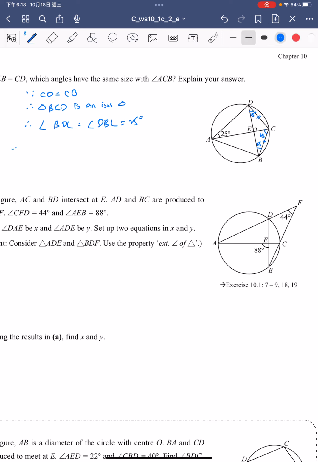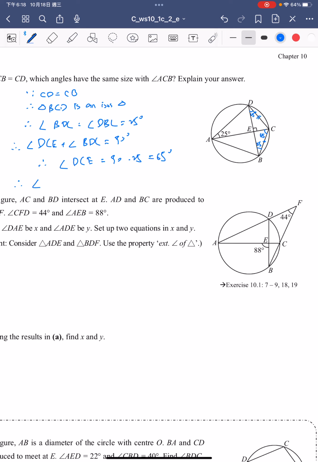So we have the angle DCE plus the angle BDC is going to be equal to 90 degrees. So now we can say that this angle plus this angle is going to be equal to 90 degrees. So the angle DCE is going to be equal to 90 minus 25, which gives you 65 degrees.